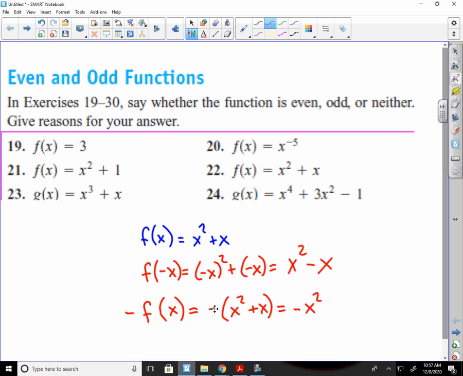Then negative 1 times x gives me negative x. Is this the same as this? Correct. This one's neither because this has the negative in front. So it's neither.